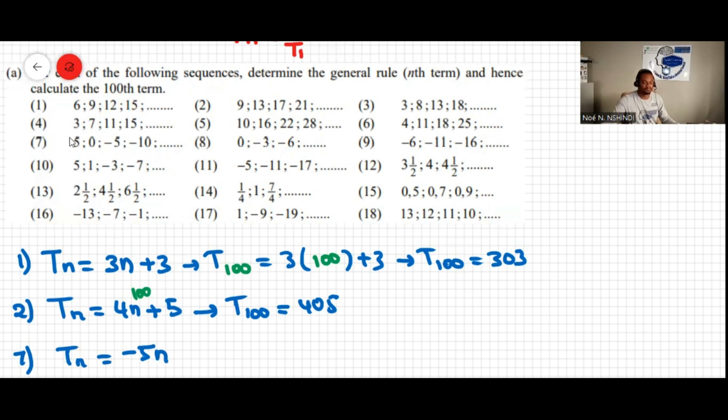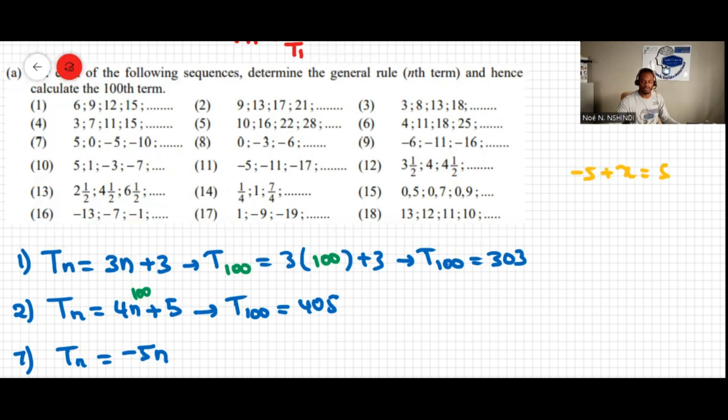Now, it means we subtract 5, or we add -5, to each term to find the next term. If I have -5 and I need to get 5, what can I do? You can write it aside: -5 plus x equals 5.